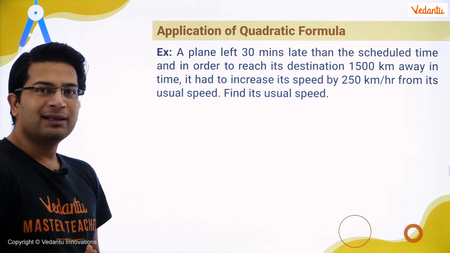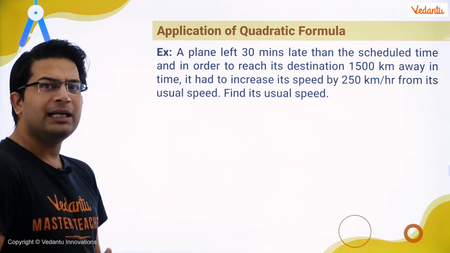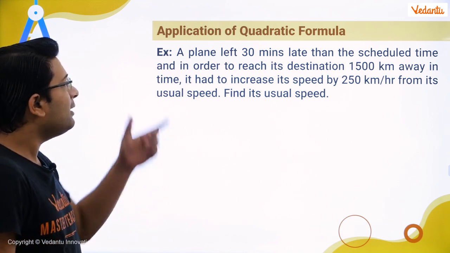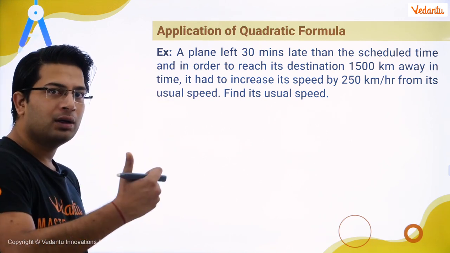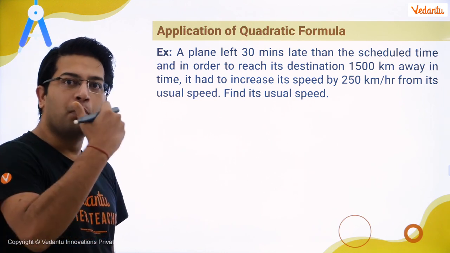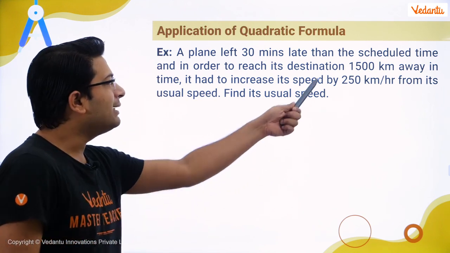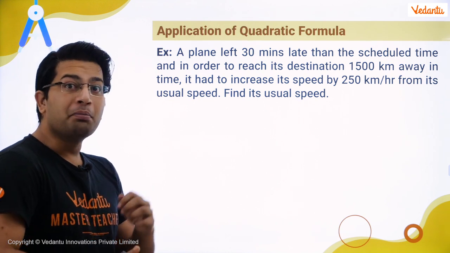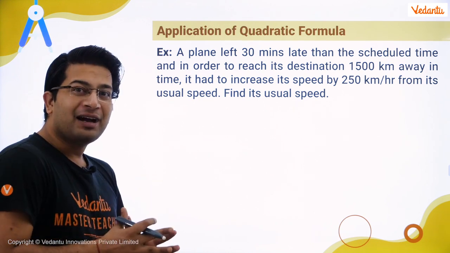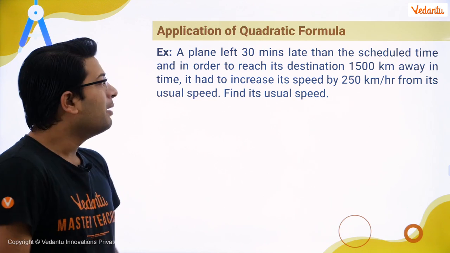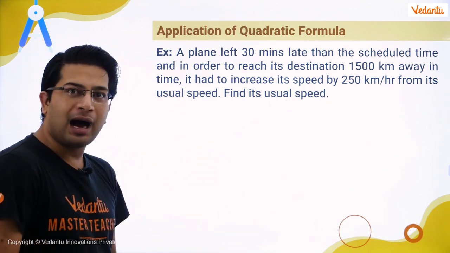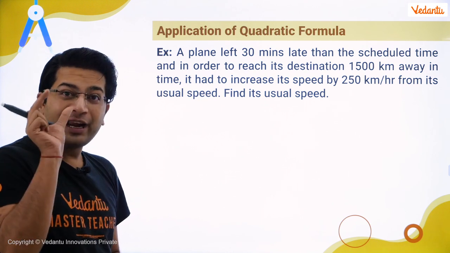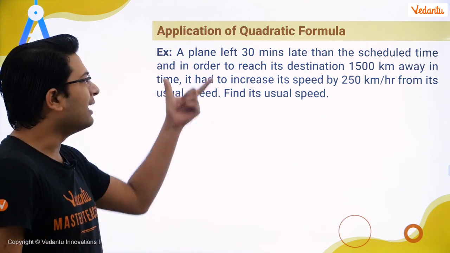So what they are saying is that if the plane is going at its usual speed, it will take 30 minutes more to cover the distance of 1500 kilometers. But more than what? If I increase my speed by 250 kilometers per hour, then in the second case, the difference in the time duration is 30 minutes.